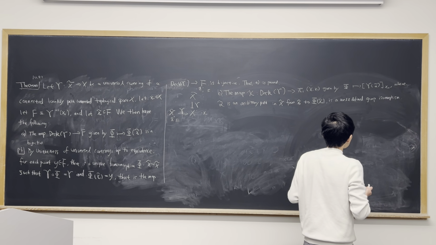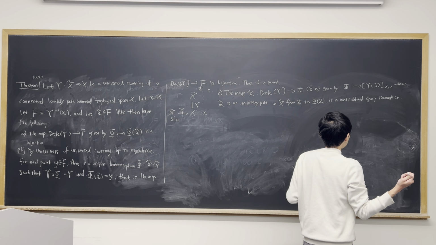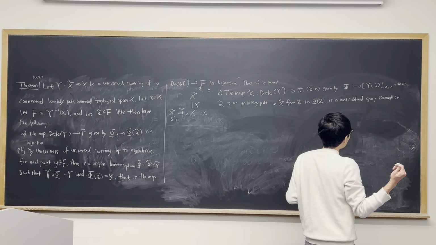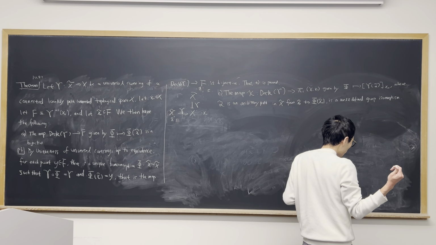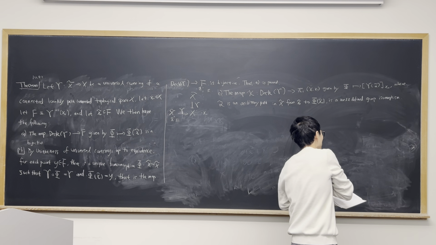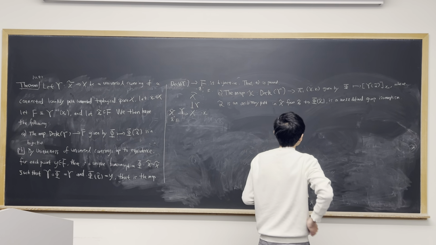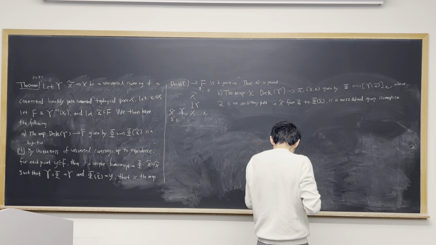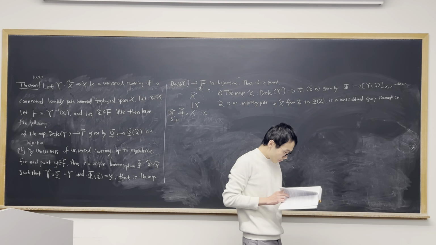Okay, so group isomorphism means that you have this projection, and I think it's a projective homomorphism, right? This is group isomorphism. Let me check. What is group isomorphism?